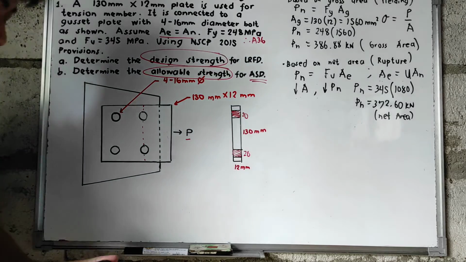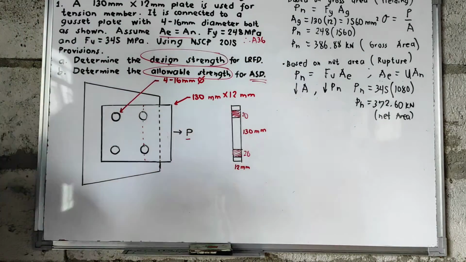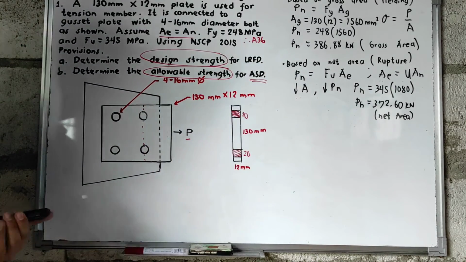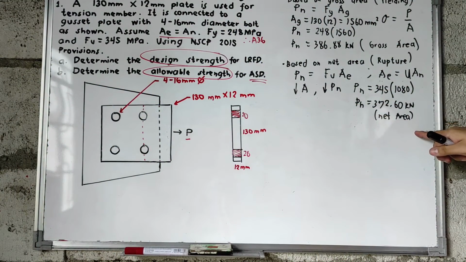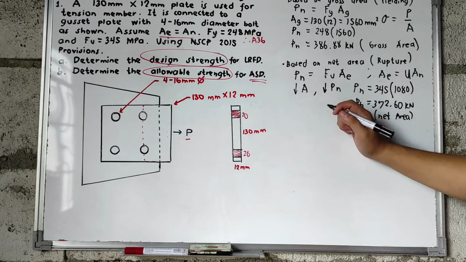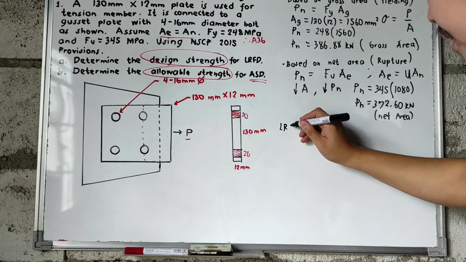So, meron tayong nakuhang dalawa. So, etong P sub n natin sa gross area and the P sub n natin dito sa net area naman. So, gamitin muna natin etong sa LRFD natin.